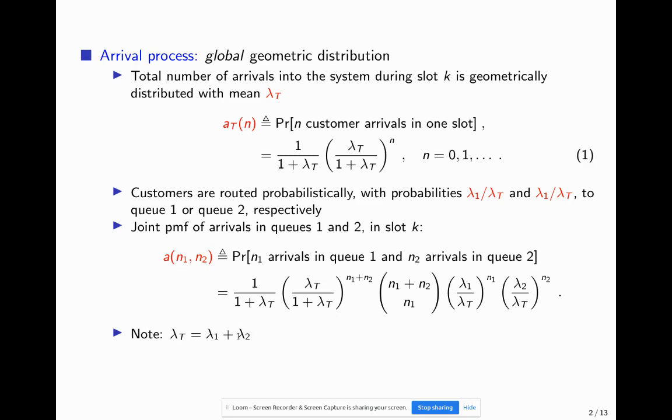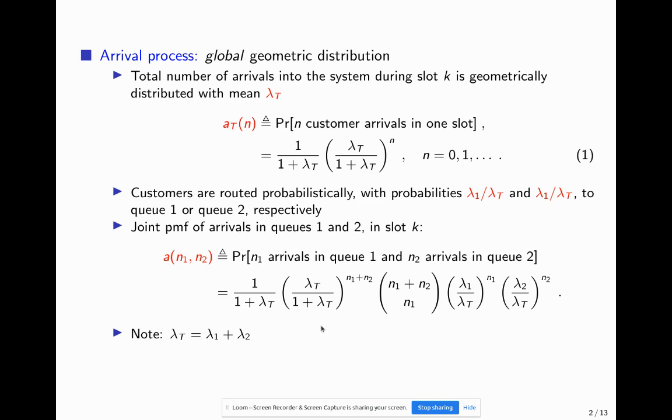I note that lambda t, the mean arrival rate of the total number of customers, is given by the sum of lambda 1 and lambda 2, where lambda 1 is the mean arrival rate in the first queue during a slot, and lambda 2 the mean arrival rate in the second queue. So this expression has in fact only two parameters, namely lambda 1 and lambda 2.